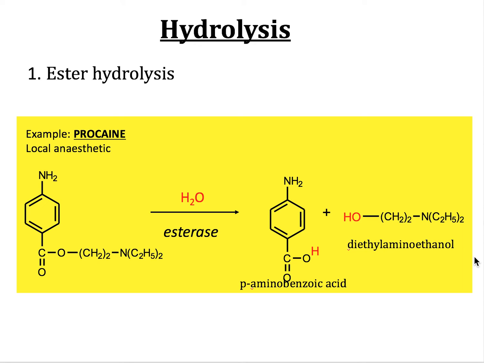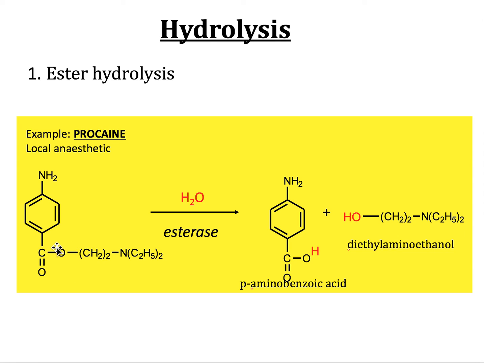Ester hydrolysis, another example. Procaine is a local anesthetic. So what you can do is again look for an amide linkage. It's not here, so therefore we can find an ester linkage right there.